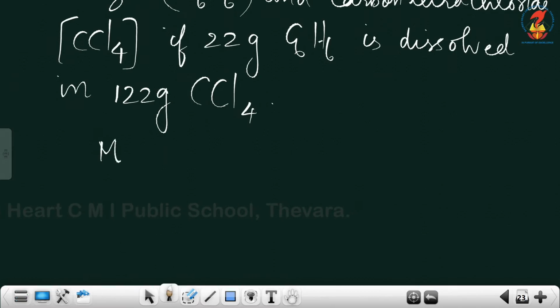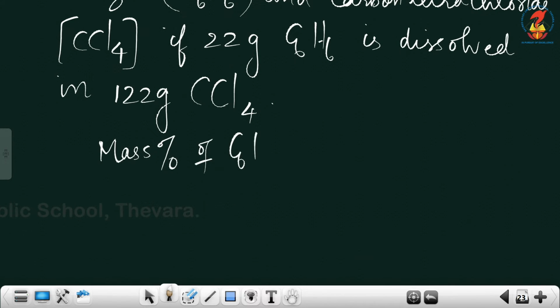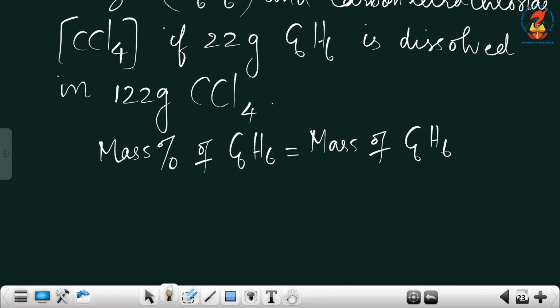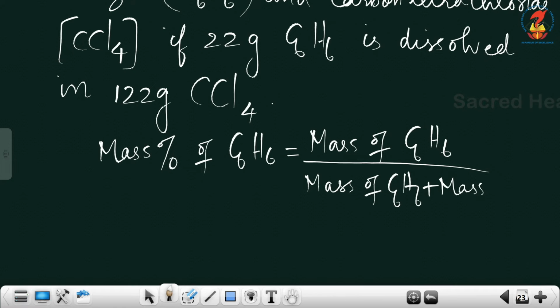First, let's write the expression: mass percentage of benzene, formula of benzene is C6H6, is equal to mass of benzene divided by total mass of solution, means mass of benzene plus mass of CCl4, into 100.